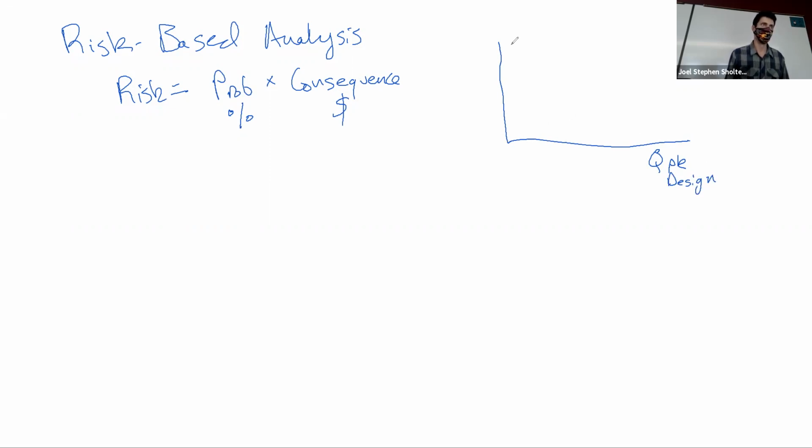We have a probability of that discharge occurring. So as we get a bigger discharge, the probability of it occurring goes down. And then maybe we need a consequence curve.